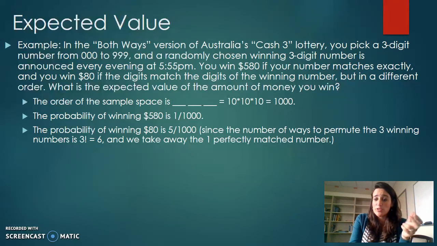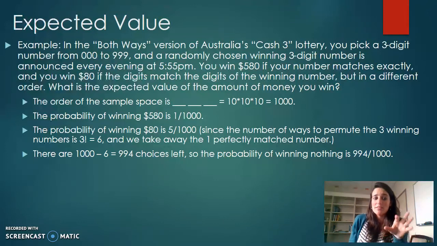We can permute those numbers 6 different ways. You can write them down if you want to make sense of it. But if 123 is the winning number, then we would not win $80, we'd win $580 for that choice. But there are 5 other permutations that would give us $80. That's where that number is coming from. So the probability there is 5 out of 1000.